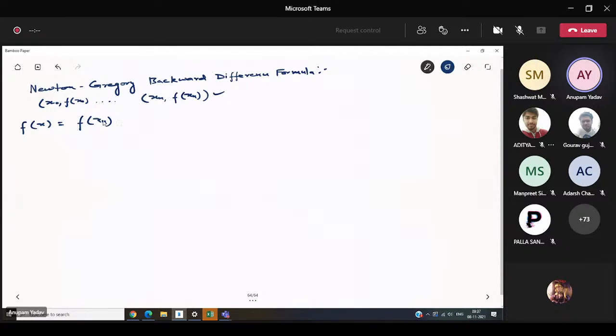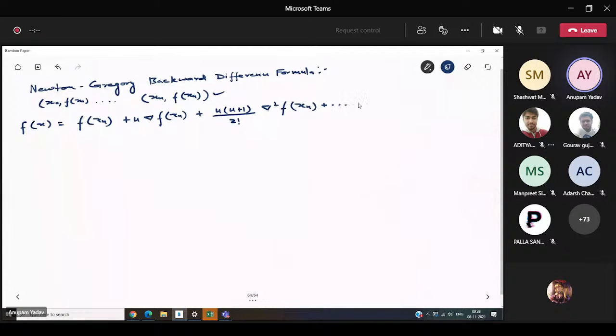Okay, so the formula will be f(x) equals f(xn) plus u into the backward difference of f at xn, plus u into (u plus 1) divided by factorial 2 into the second backward difference of f at xn.